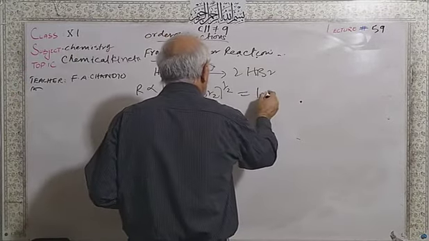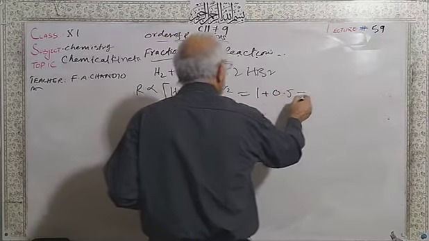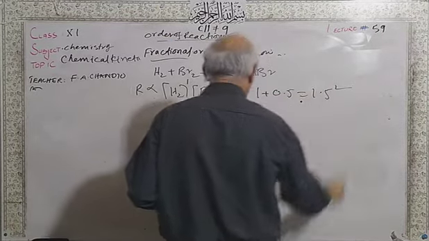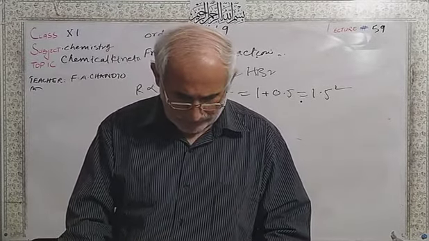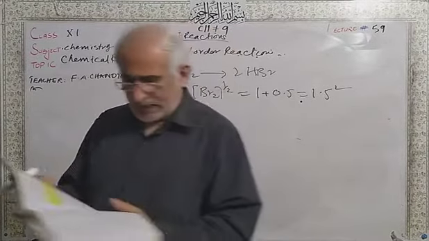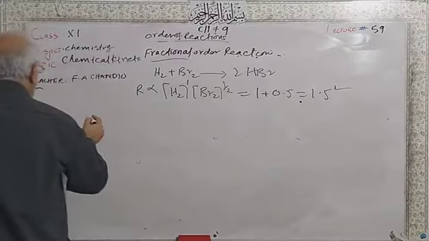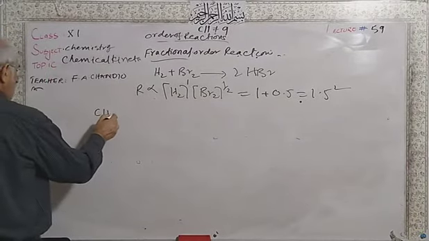So 1 plus 0.5 is equal to 1.5 order. Fractional, 1.5 order.